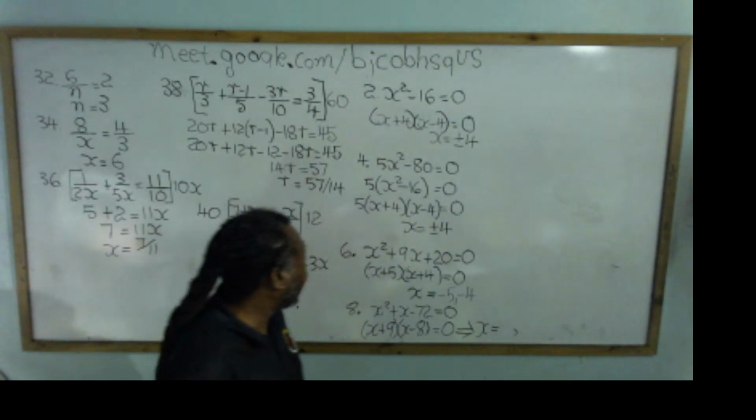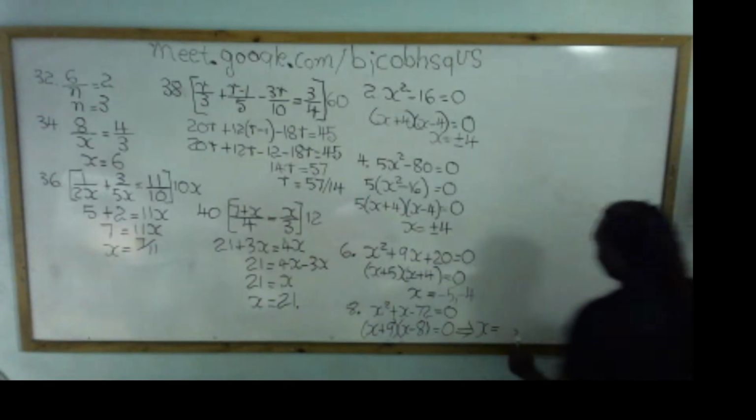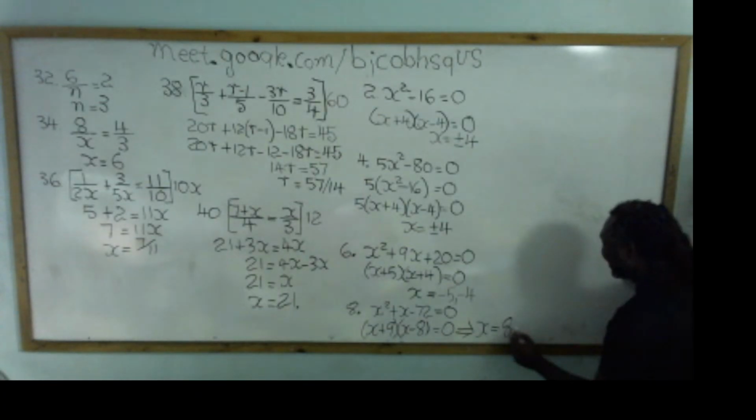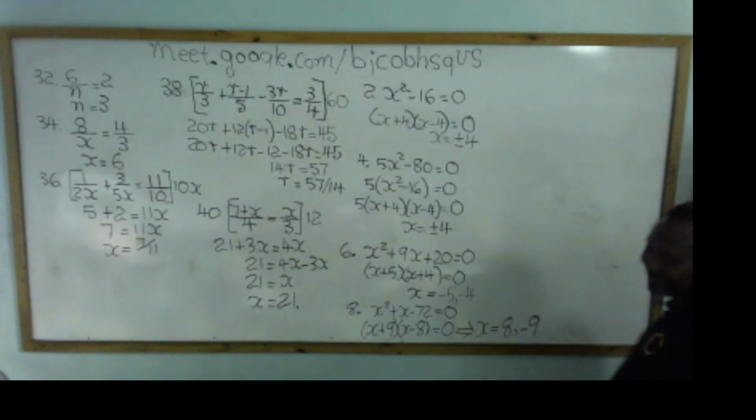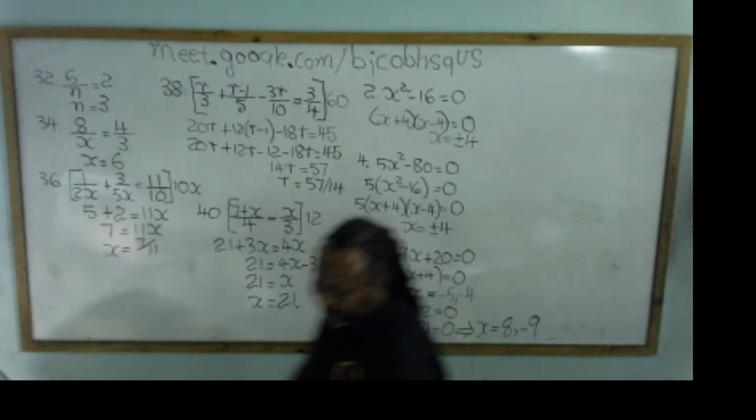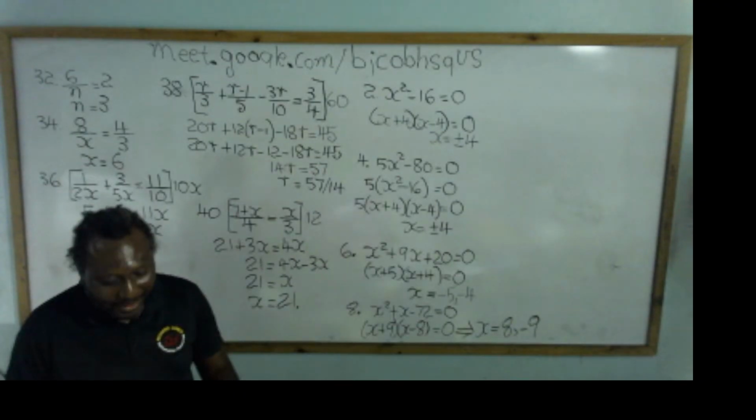Negative 9 or 8? I'm going to put the 8 first because the slot is small. Negative 9. Lovely. That's nice. We have gone through most of it.